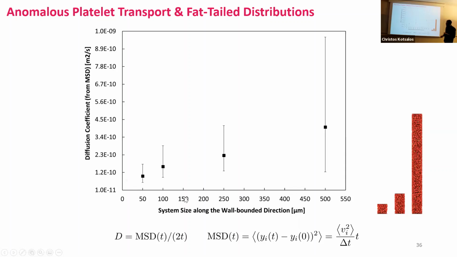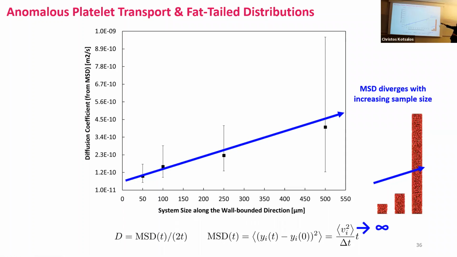What we observed is that the diffusion coefficient, or essentially the mean square displacement, diverges with increasing sample size. As we go to larger sample sizes, we had an increasing mean square displacement instead of a converging behavior, because as we increase the sample size, we expect all the moments to converge somewhere. But this is not the case.